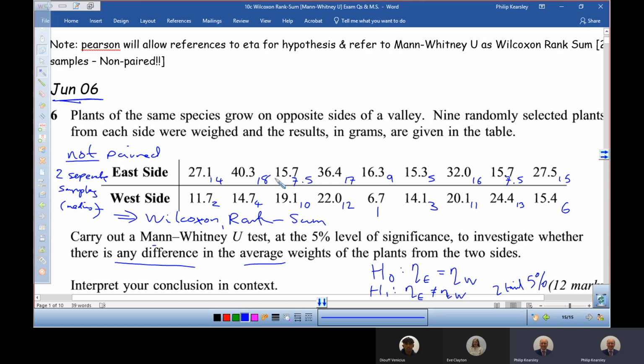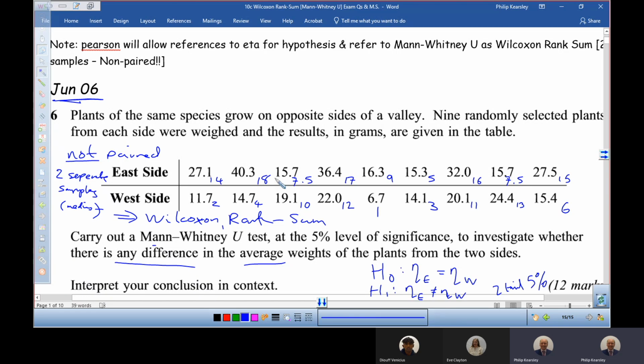Whew! A good rank sum takes it out of you, doesn't it? For the east side: 14, 18, 7.5, 17, 9, 5, 16, 7.5, 15. Whereas the west side has quite a lot of small ranks: 2, 4, 10, 12, 1, 3, 11, 6, 13. The east side will have a higher rank sum than the west side.